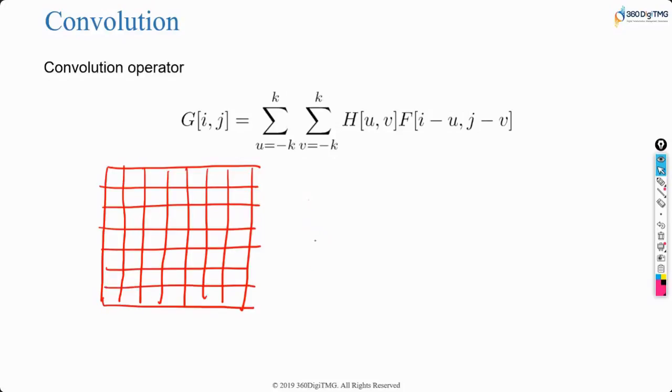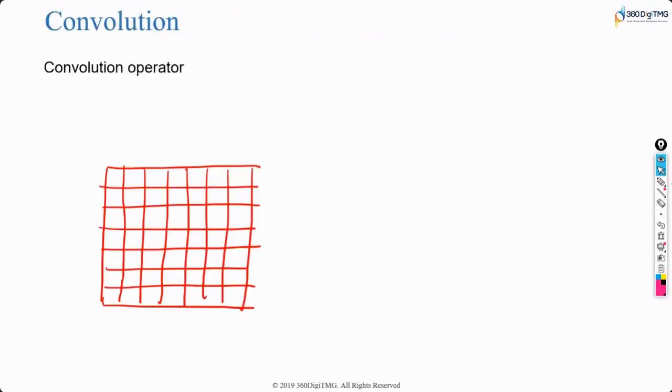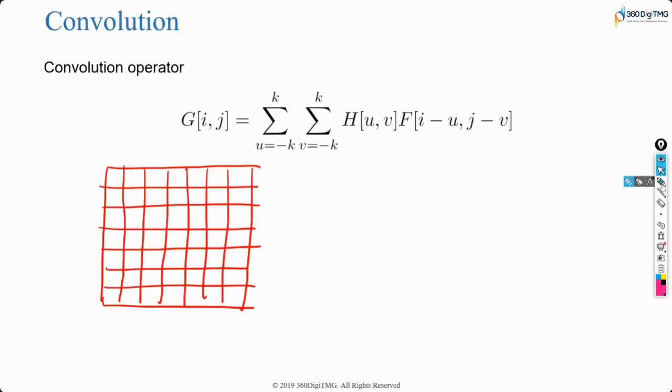And then you have a 3 by 3 filter. And you have A, B, C, D, E, F, G, H, I.